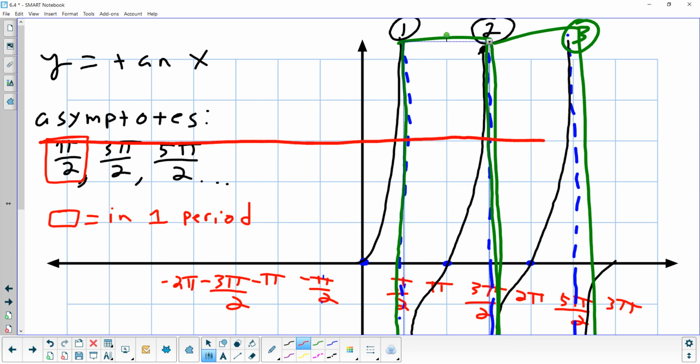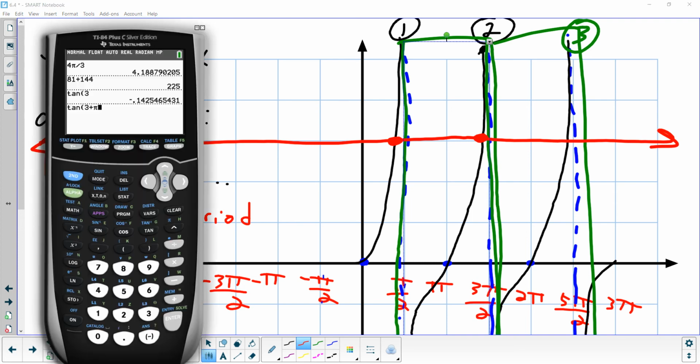It's a horizontal line at 3. That was the first answer that I got. If I add pi, I'm going to get this answer. The answer is how high the point is, but it's at exactly the same height as the one before it. So if I take 3 and add pi, I get exactly the same answer.